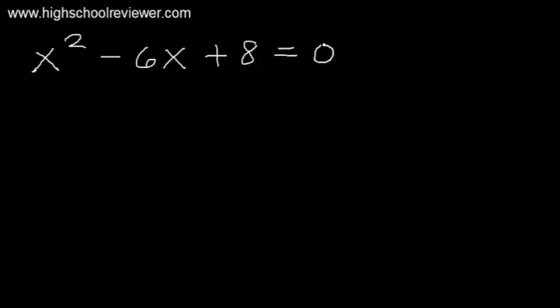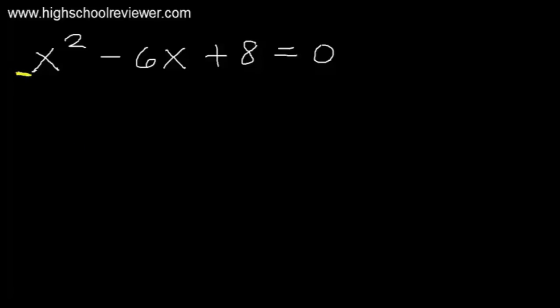Solving quadratic equations by factoring. Our first problem, we have x squared minus 6x plus 8 equals to 0. So to solve this quadratic equation by factoring, first let us find out if there is a numerical coefficient or number before x.